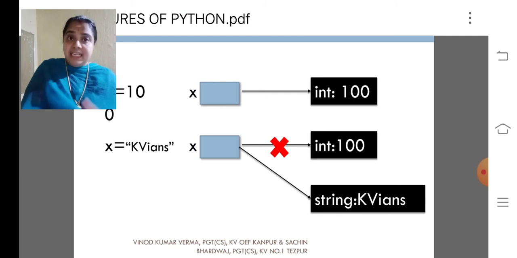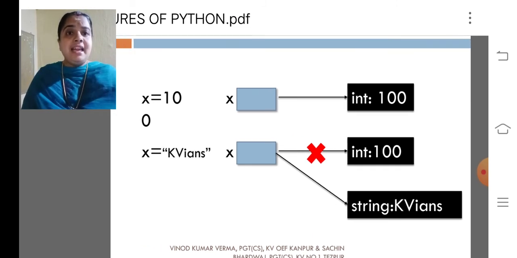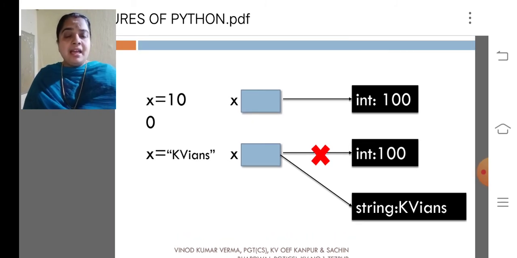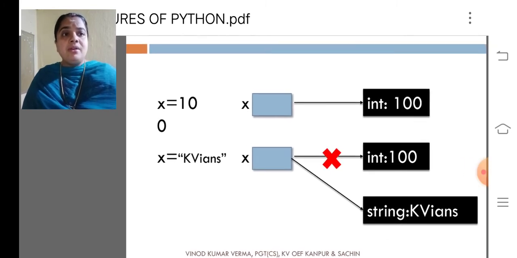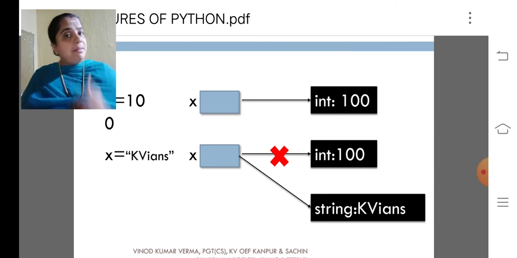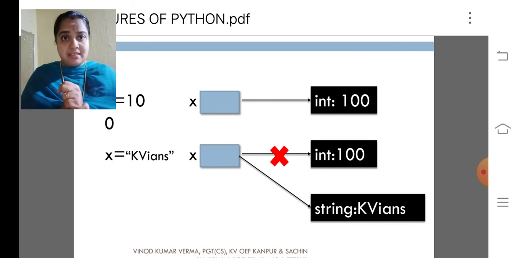Look at the internal representation of the same statement. Here x equal to 10, so x will be allocated in memory and it holds the value 10. Later it is given 100, so it will be assigned 100. When I try to give any other value to x, what happens?